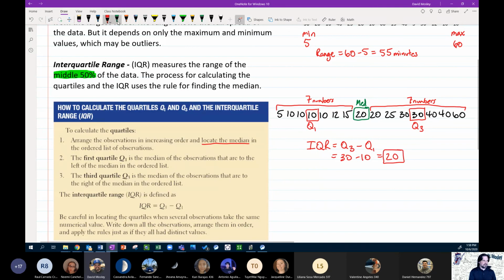And this is the interquartile range. It's the range of the middle 50%. That means the middle 50% of my data all is within 20 minutes of each other. I should have minutes here.